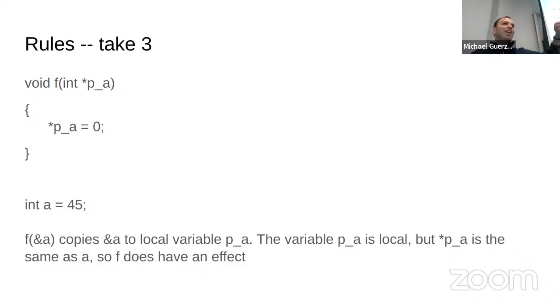When you say int a equals 45 in your function somewhere, the computer decides that a is going to live at some address, and the operating system takes care of exactly what address. So all of that was hand waving at what's actually going on. What we think is going on when we're programming, at least right now, is that we say int a equals 45, the computer decides that a lives at some address, and the address of a is going to be that address. That's all we need to know.